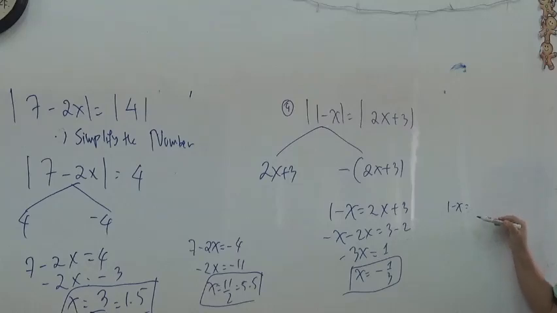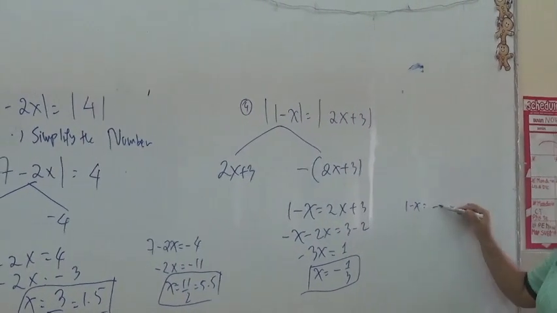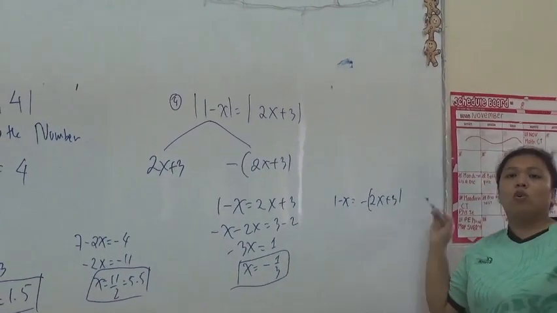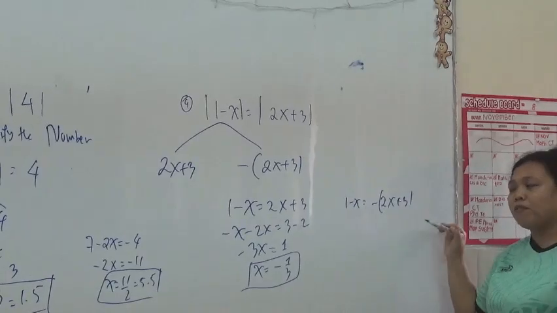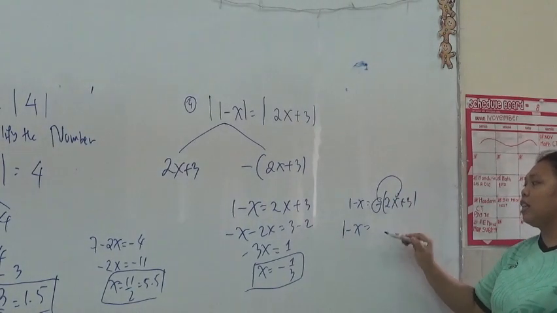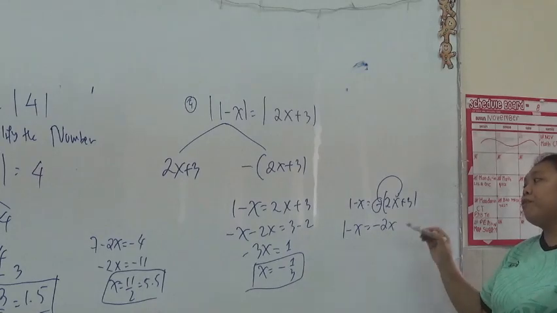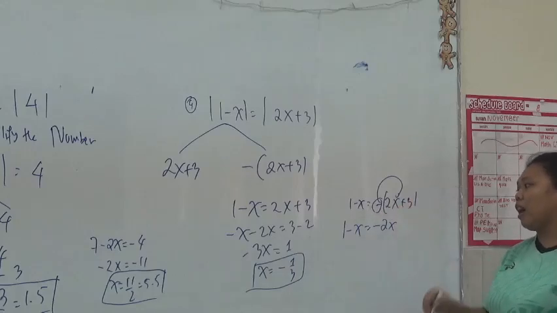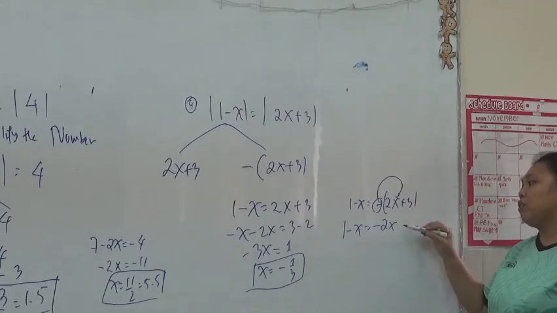For the second possible value you need to be careful, because you have a negative outside the bracket. It means you need to expand the negative into the one inside the bracket. So 1 minus x equals, and the negative here you multiply inside, so minus 2x, because before you had positive and now you multiply by negative. Negative 2x, and negative times positive 3 is negative 3.